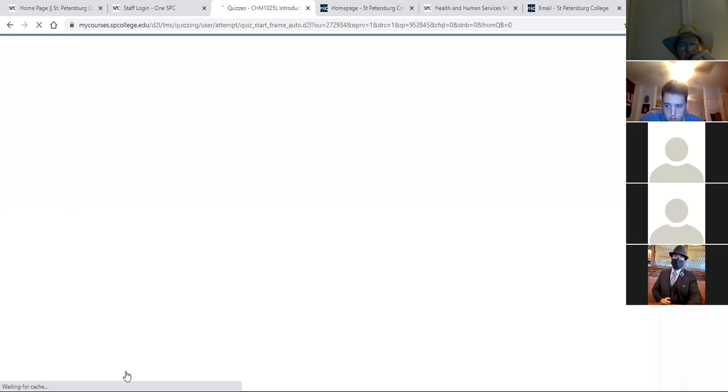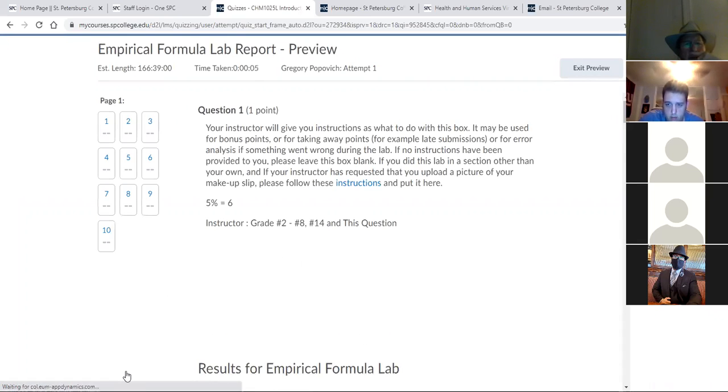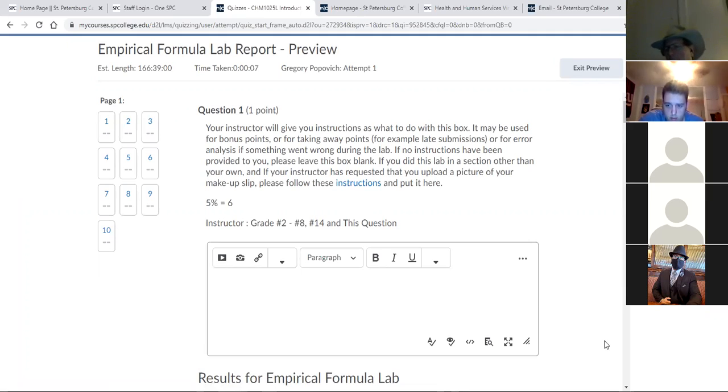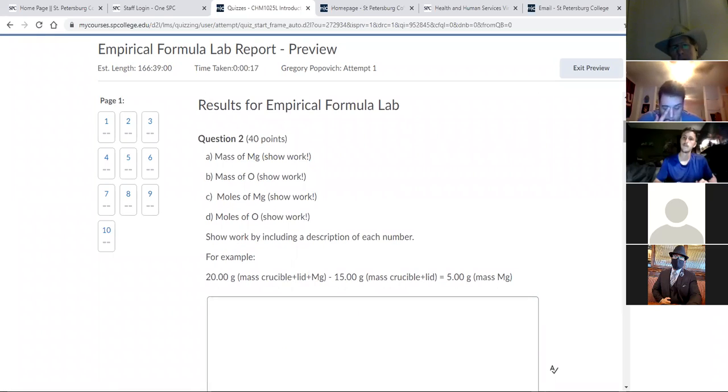First part of this is going to be almost exactly that aluminum oxide thing I just went through. Simply speaking, in the results you're given 3 triple beam balance readings that you have to read.